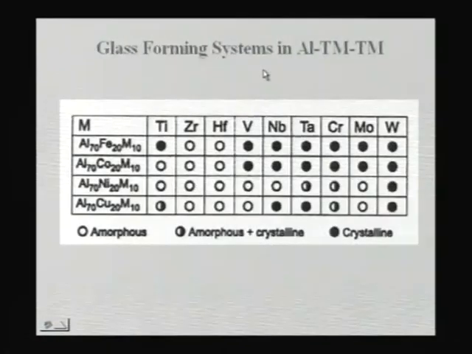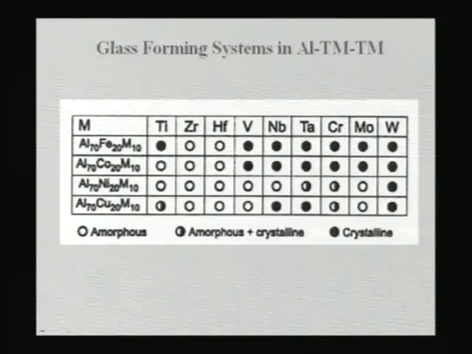This is the binary. As I told you before, when you add more elements, the glass formation becomes easier. Aluminum is not an exception. So in aluminum systems also, if you add a ternary element, the glass formation becomes very easy. This gives you an idea of how glass formation occurs in aluminum transition metal systems, in what kind of systems you can easily get a glass, and in what kind of systems it is more difficult.